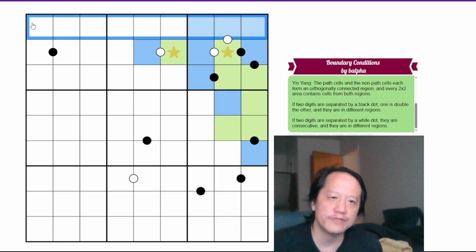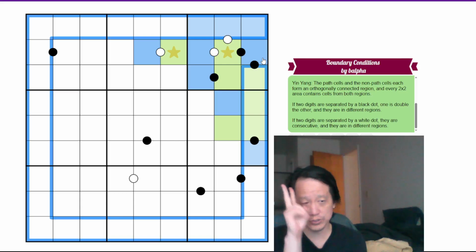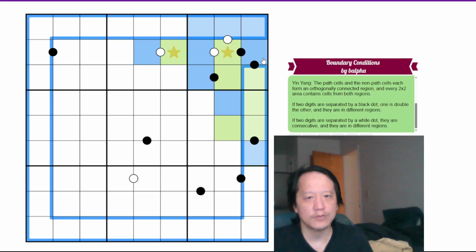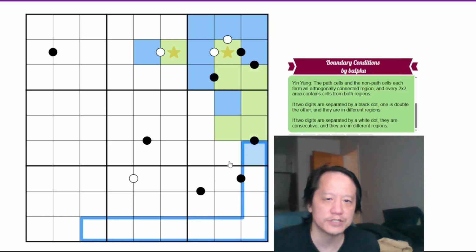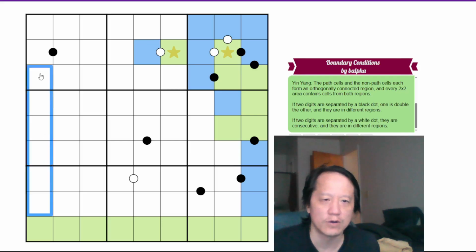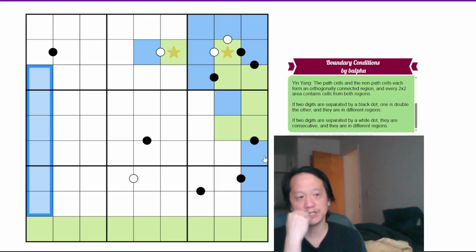On the edge of a grid, you can only have 0 or 2 shading changes. And the reason why is, say we tried to have more than that. If we tried to have more shading changes, let's do the minimum, 4 shading changes. First of all, you can't have odd numbers of shading changes, right?